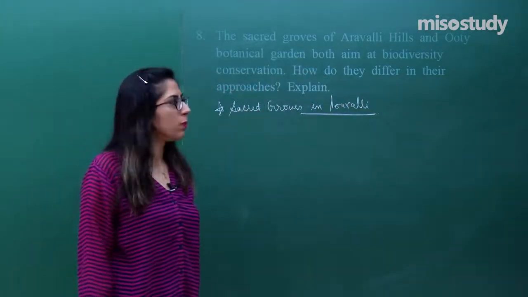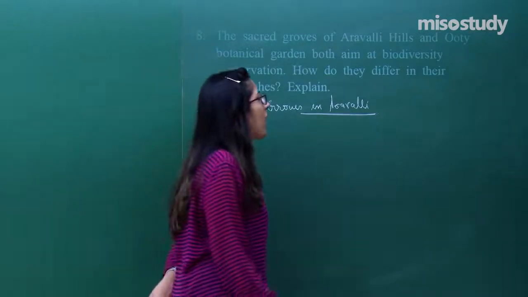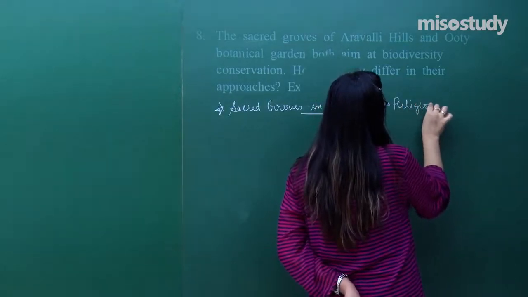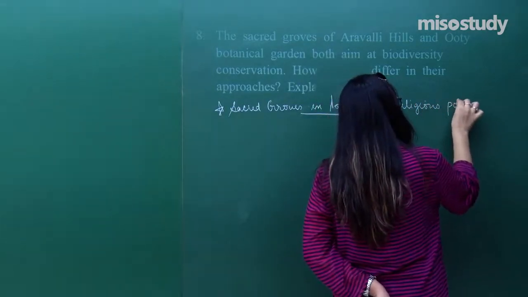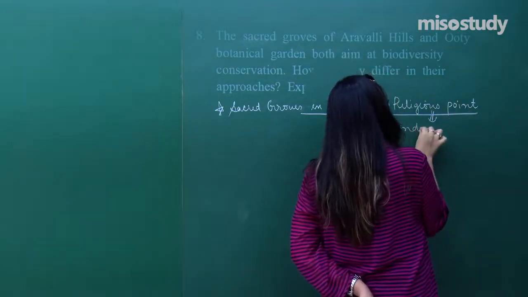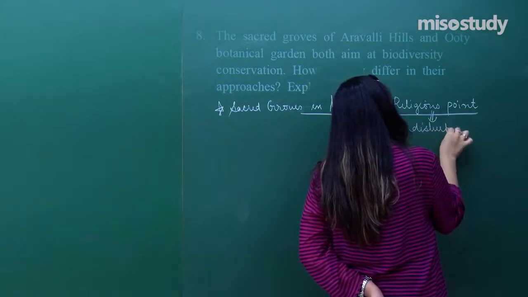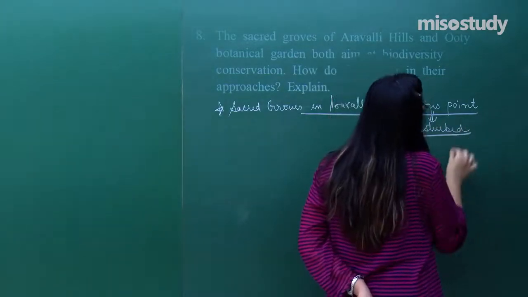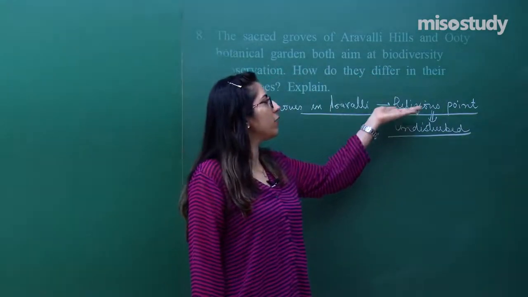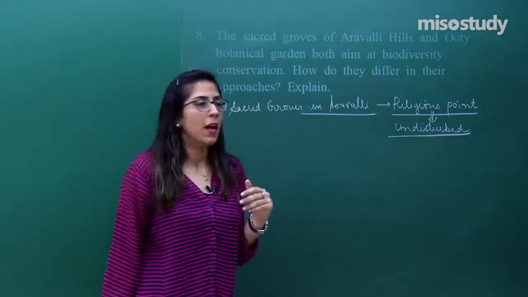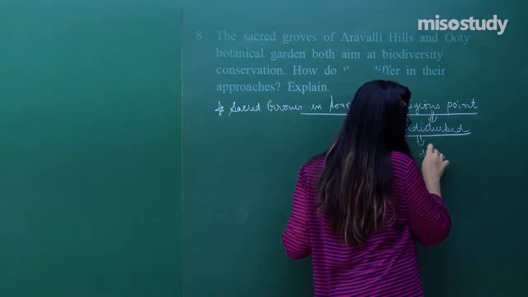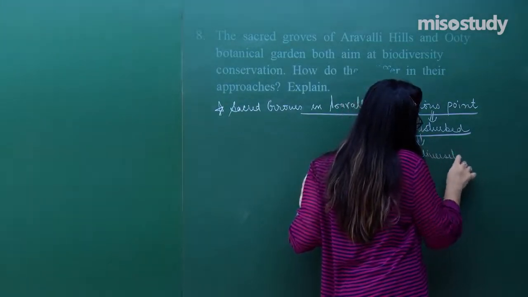Sacred groves are those groves which are being cultured or which have some religious point of view. For the religious point, they become undisturbed. When they are undisturbed, that means the population or species diversity in these sacred groves will be high.